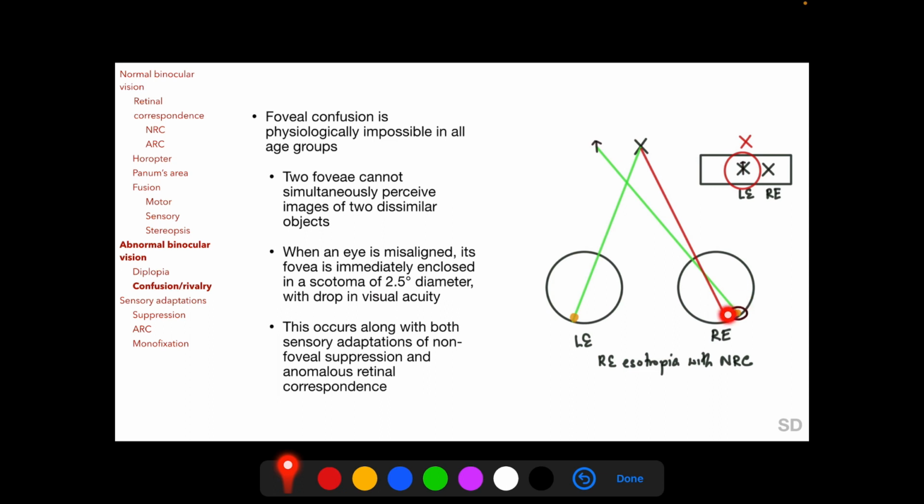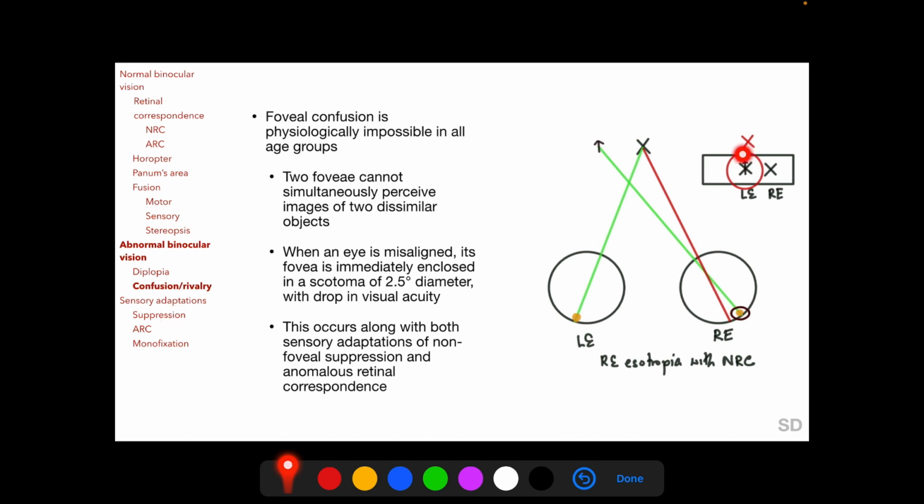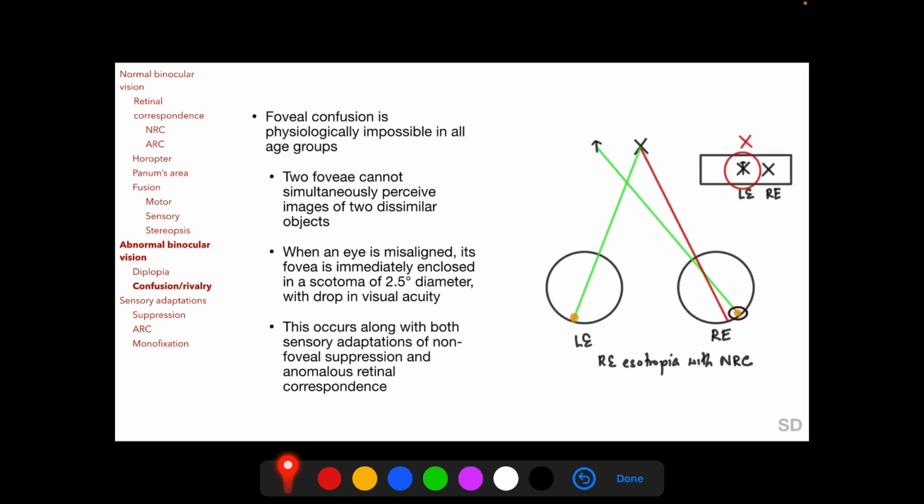This scotoma in the foveal area is also called central suppression, which we will be discussing next. And so instead of an overlapped image, only the image projecting on the fovea of the fixating eye of the target of fixation is perceived. And in subsequent diagrams, this black circle will represent the foveal scotoma present in all misaligned eyes to prevent central confusion.